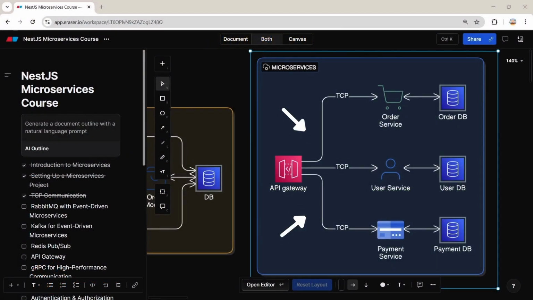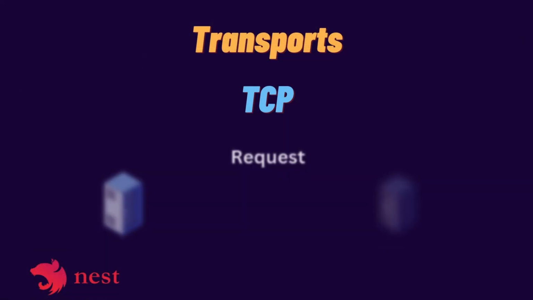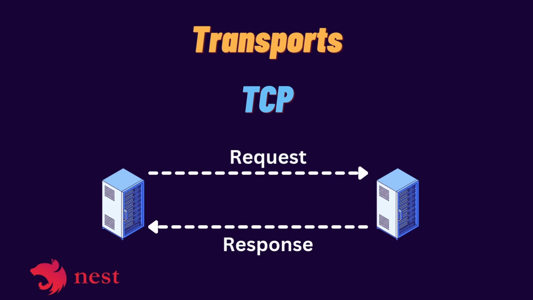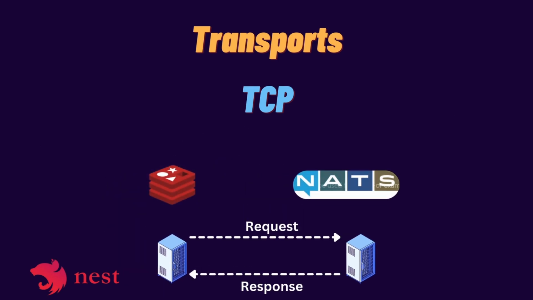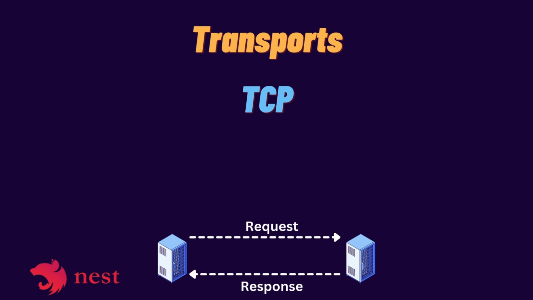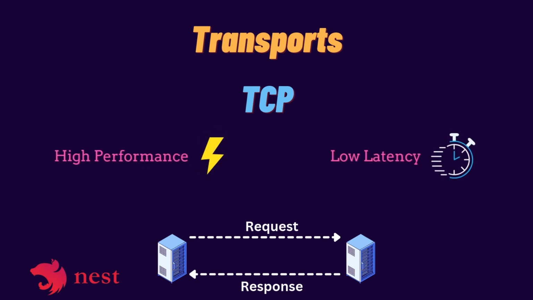It's ideal for service-to-service communication where reliability is a concern. Is it synchronous or asynchronous? Well, it can be used for both, but we use TCP directly for synchronous communication between our microservices, although it is the underlying protocol used by Redis and NATS, which are used for asynchronous communication. This transport is good for high performance and low latency communication.